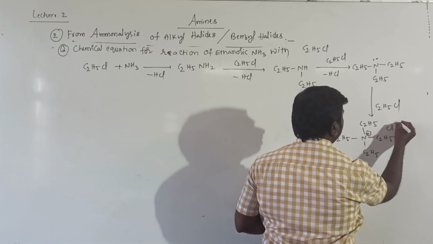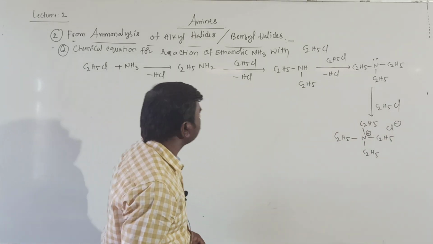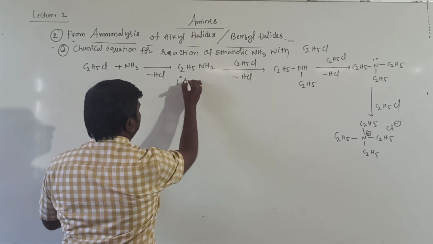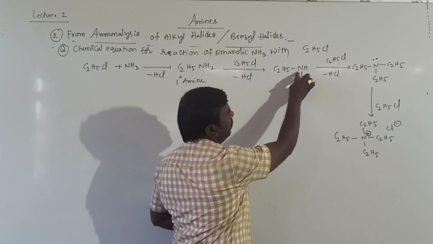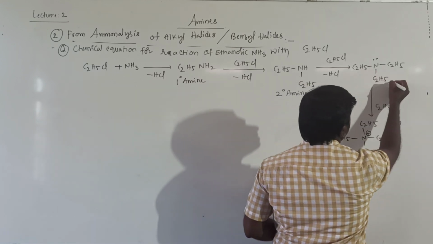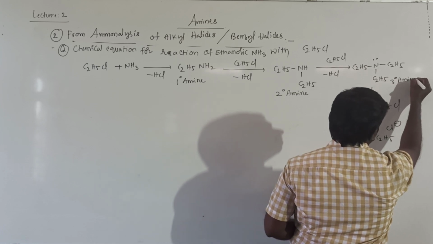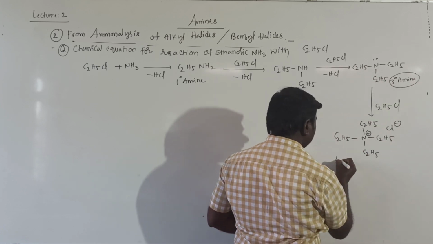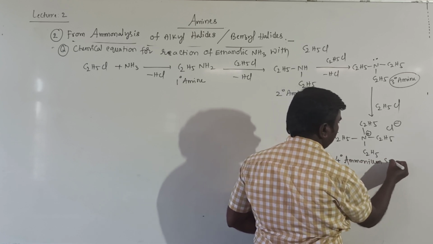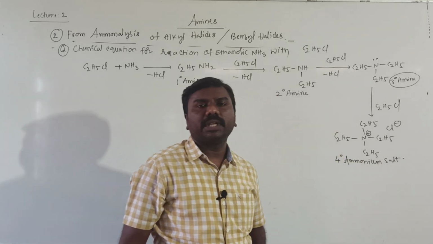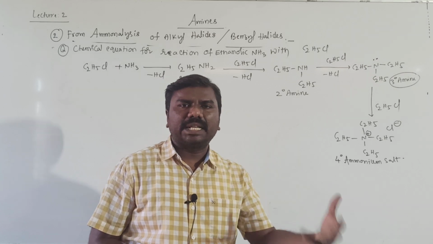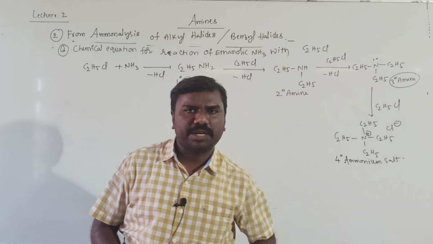Nitrogen is losing electrons, chlorine is gaining electrons. NH2 is the primary amine, NH is a secondary amine, and only N is a tertiary amine, students. This is the quaternary ammonium salt. They didn't mention whether it is a small or excess amount, so you should write the continuous whole reaction.